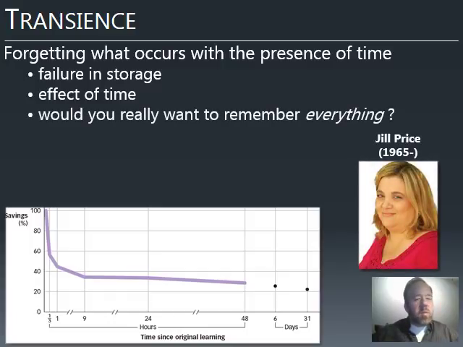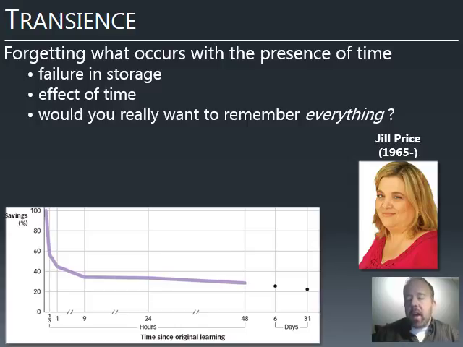And the thing is, would you really want to remember everything? At the beginning of your chapter, you read about a woman named Jill Price, who is not unique. There are lots of people that have her ability, but she has an excellent autobiographical memory, an excellent episodic memory. She can remember details of any day as soon as you name the date.